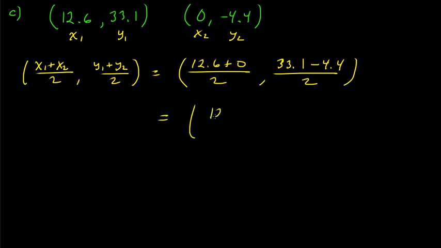Right, so we're going to get 12.6 over 2. And I need a calculator, right? So 33.1 minus 4.4. I should be able to do this in my head, right? I think 28.7. Right. Now don't forget to divide by 2. You're going to get 6.3 for x, and for y, 14.35.